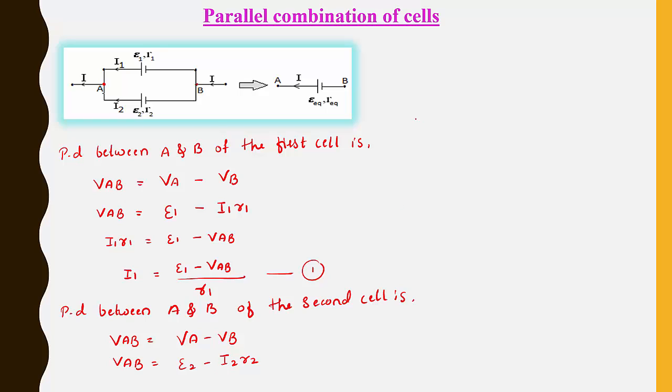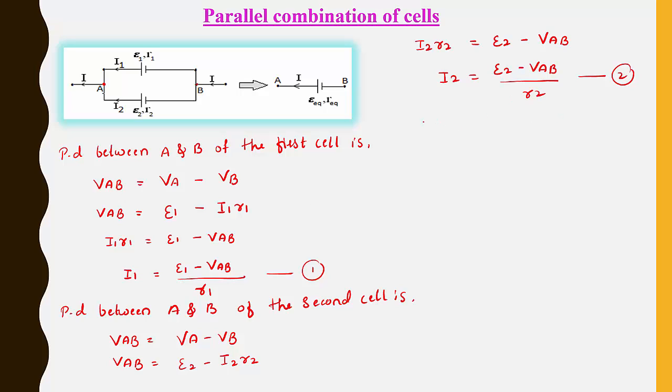Or we can also write this equation as I2R2 is equal to E2 minus VAB. So here we want the value of I2. So I2 equals E2 minus VAB divided by R2. Let us take it as equation number 2. So equation number 1 gives the expression for I1. Equation 2 gives an expression for I2.